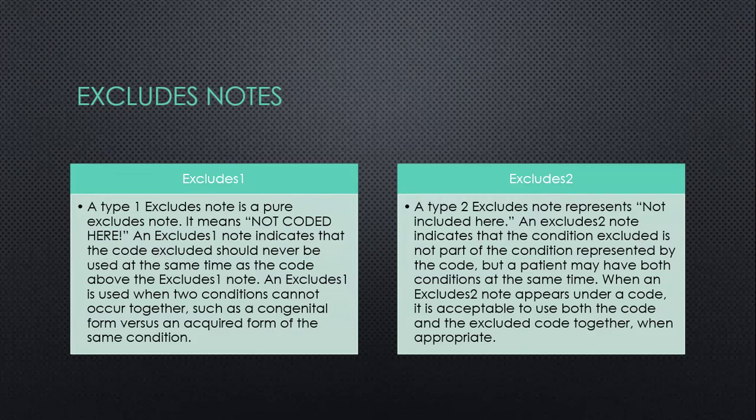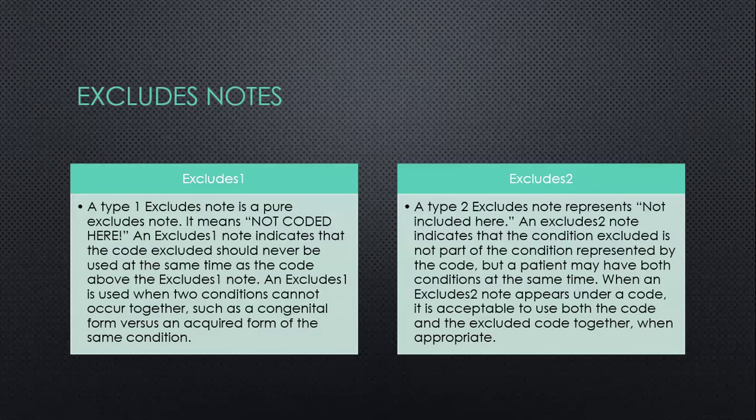The major takeaway on Excludes1 versus Excludes2, and I have it bolded here, is that for Excludes1 notes, this is "not coded here." That means an Excludes1 note indicates that the code excluded should never, let me repeat, never be used at the same time as the code above the Excludes1 note.